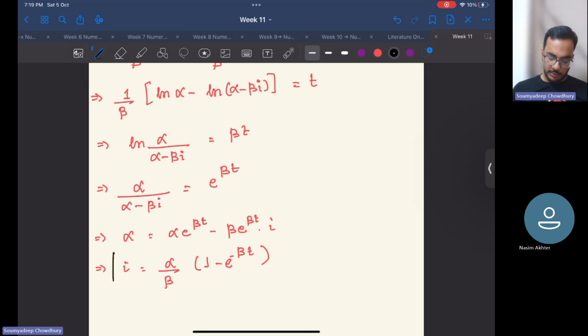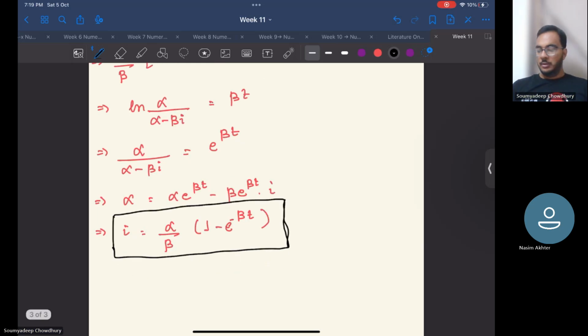So this is your actual solution obtained by analytical techniques, right? Is it clear? How did I solve this? The integration part is clear. Yes, it's clear. Okay.